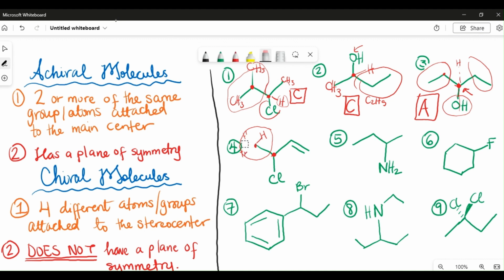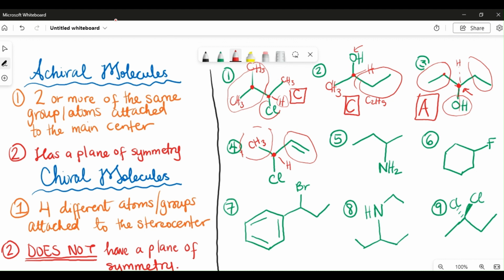This area is just indirectly saying this is a CH3. So it's attached to that group. And then this carbon center is also attached to the chlorine group, and also attached to this particular carbon group that has a double bond, and then it also is attached to this imaginary hydrogen.